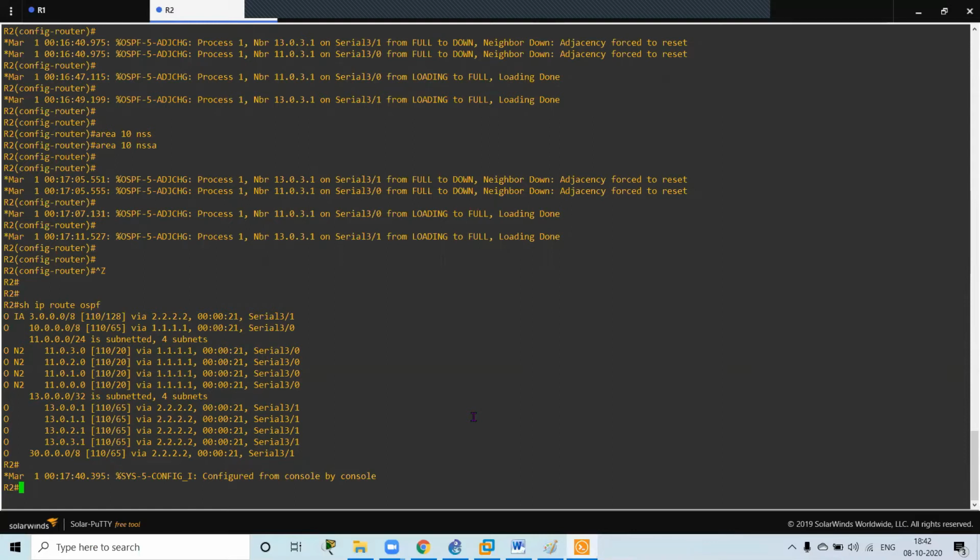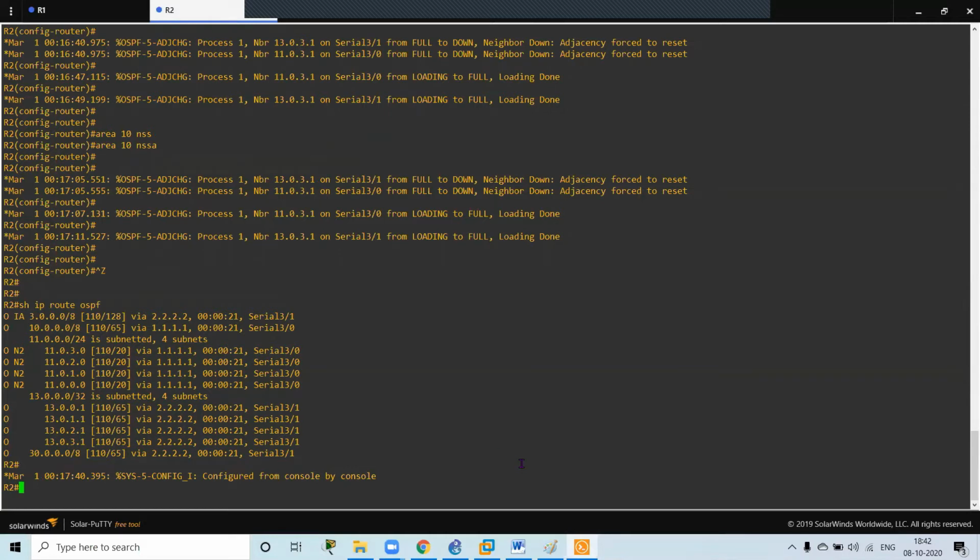So the 11.network routes from R1 are LSA 7, N1 or N2 routes. While in the stub area and when they go outside the stub area, they become LSA 5. I told you this thing. First, make this clear.